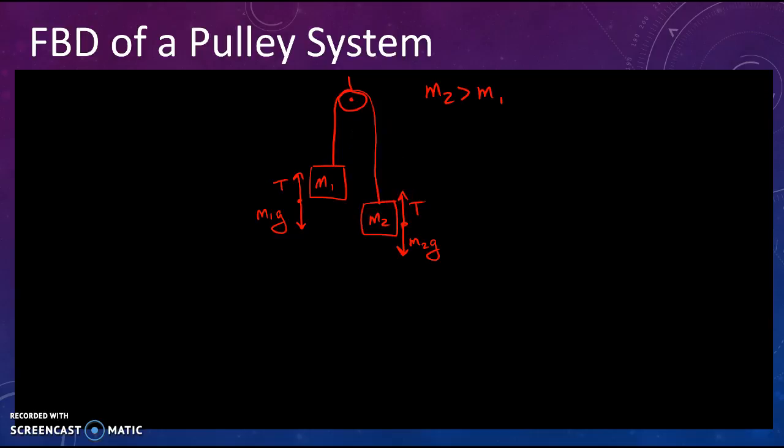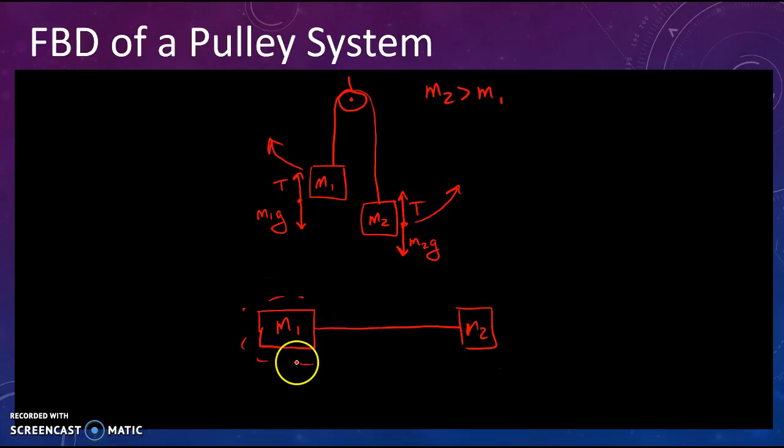So what we do, or at least what I do, is I imagine I take these two blocks, grab them, and swing them out so that I form a straight line. And so I reimagine it in terms of M1 being maybe over here, M2 being over here, and I make this all one system.